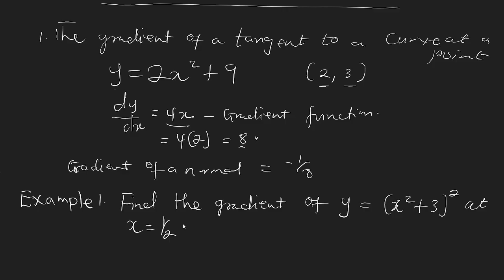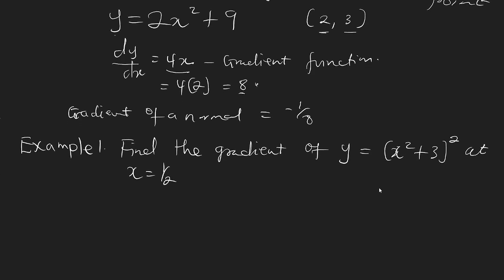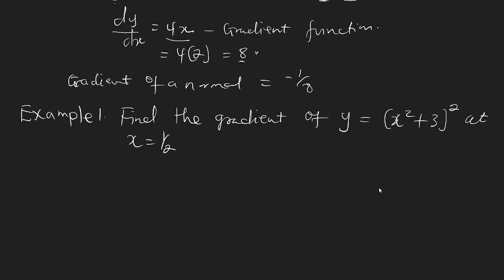So we are going to find the gradient of this curve. How do we do that? We are going to differentiate this function. So we have y equals (x squared plus 3) all squared at x equals 1 on 2. How do you differentiate this?